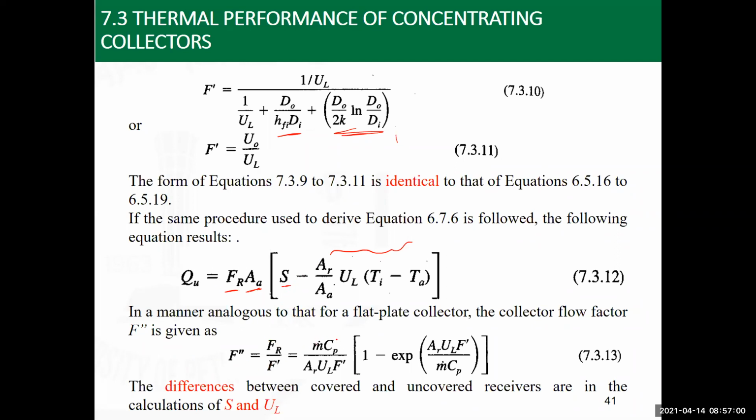And if you remember, when we solved that last time, we said that we have a heat exchange, so there is an effectiveness, and from heat transfer, the effectiveness is equal to 1 minus exponential of the number of transfer units. So this is a similar kind of expression to what we have done with the flat plate collector.